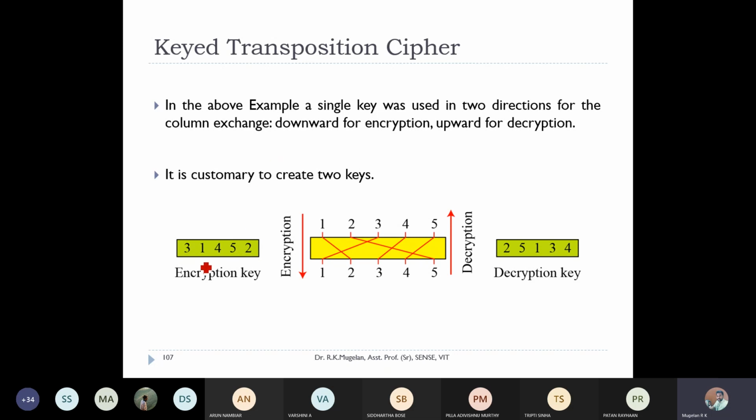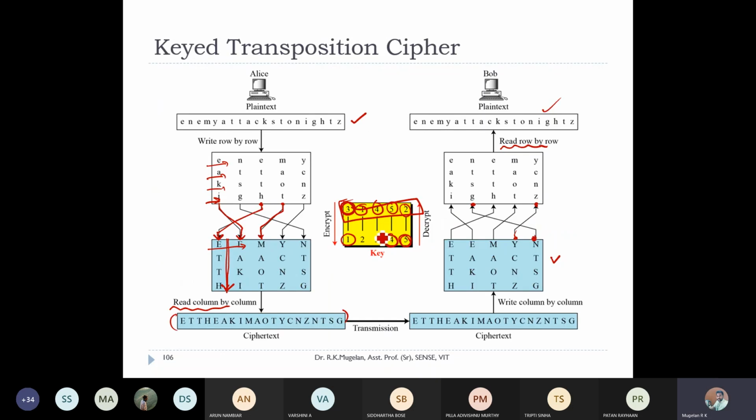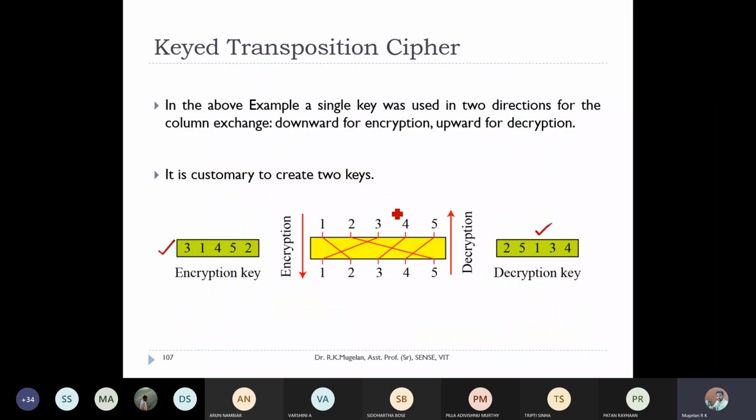So here, this is the key discussed in the previous slide: 31452. The decryption key they used is 25134. How is this possible? See the previous example. 31452 is the key which I used.